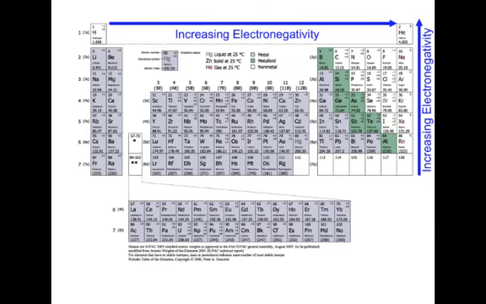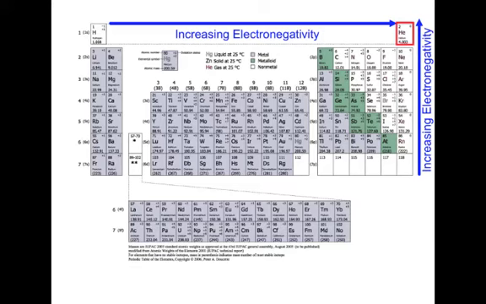If we look at the general trend on the periodic table, we see that as we move from left to right, we see an increasing electronegativity. We also have an increasing electronegativity near the top of the periodic table. For our purposes, that main trend from left to right is what we really are going to focus on with this first step of ionic bonding.